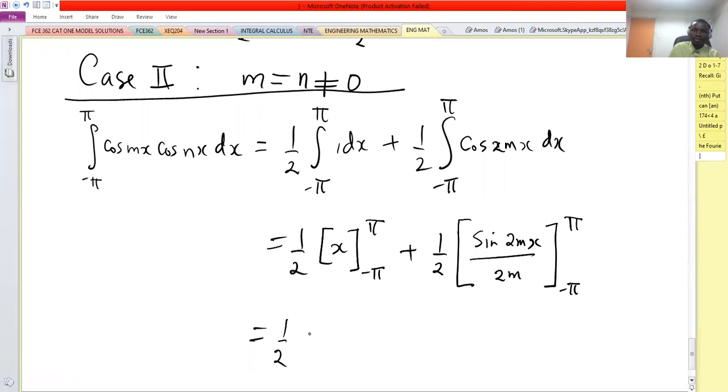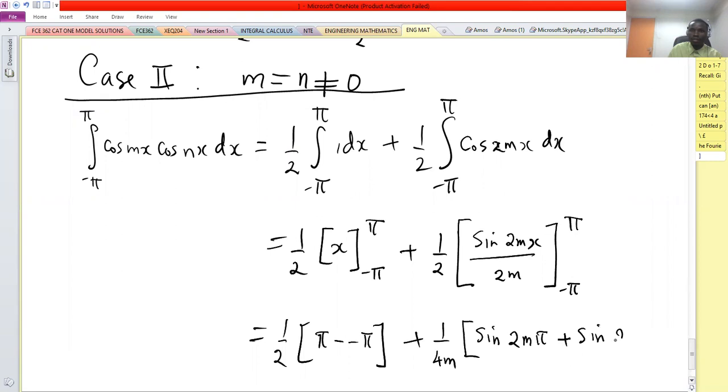So this is a half into pi minus minus pi, plus 1 over 4m into sine 2m pi plus sine 2m pi.